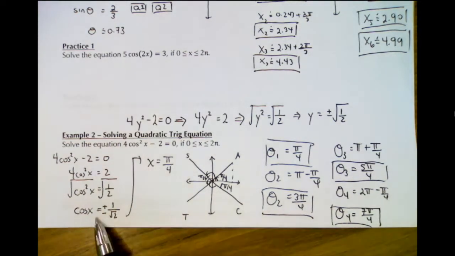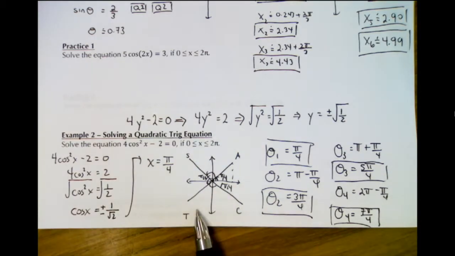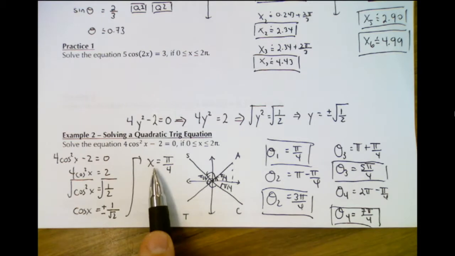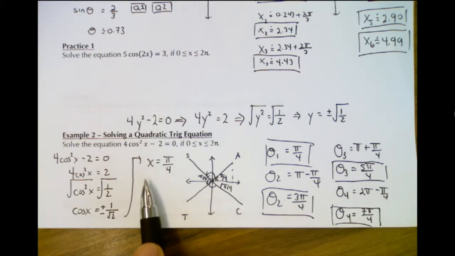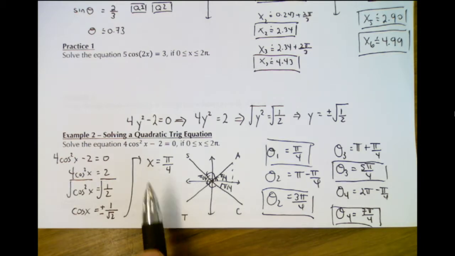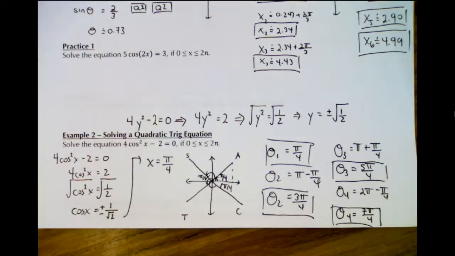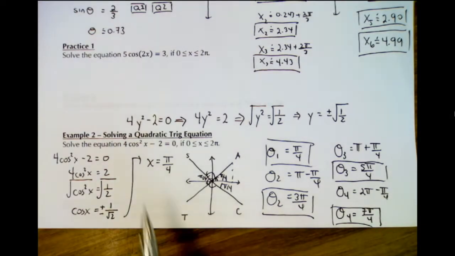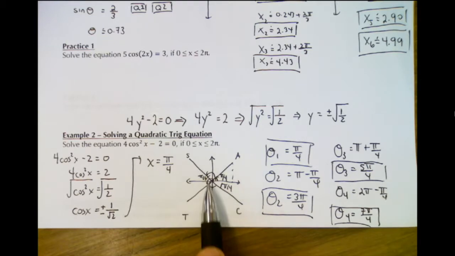You get negative 1 over root 2 in quadrants 2 and 3. So all 4 quadrants are going to give you an answer. This reference angle that you can solve for by doing cosine inverse or using special triangles is the reference angle for your answers in all 4 quadrants, just as it always is. That beta you solve for by doing cos inverse in every one of these trig equations, whether it's linear or quadratic, is your beta that you're using in all 4 quadrants.